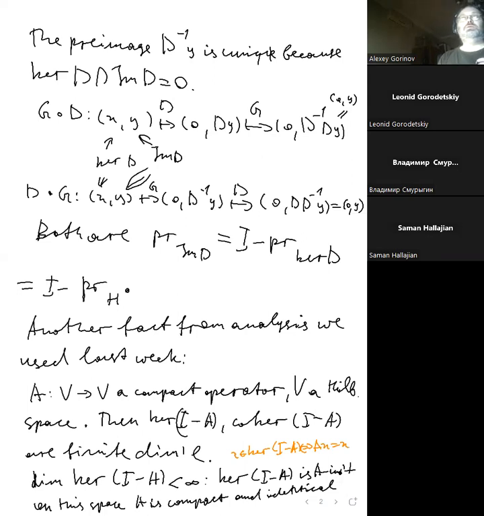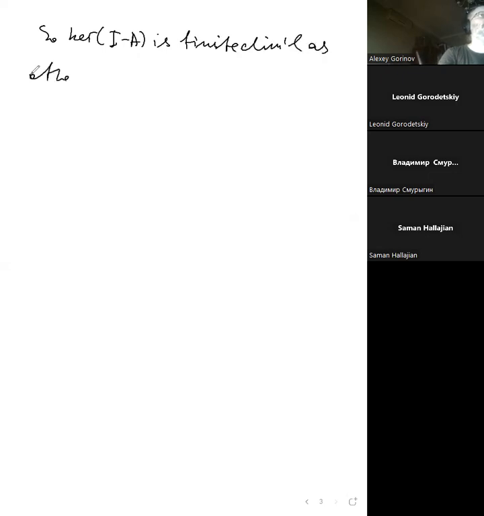And so the kernel is finite dimensional, because otherwise the identity operator would not be compact.